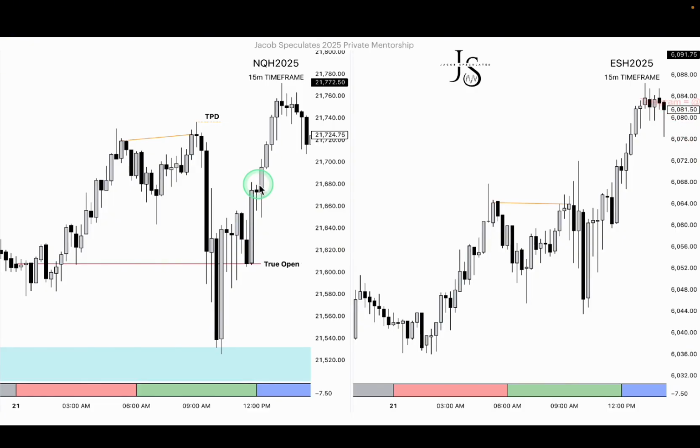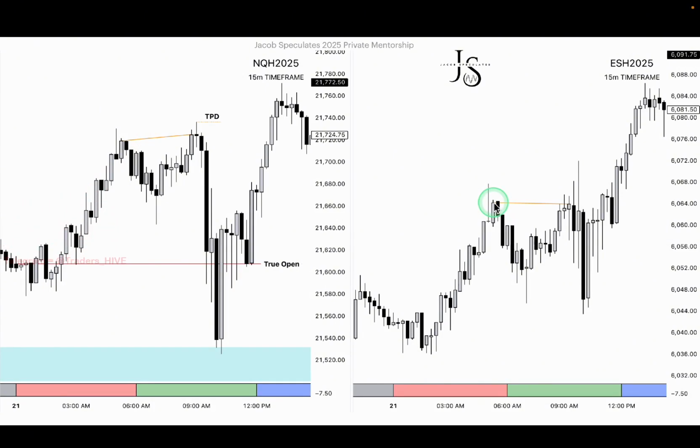So with hidden SMTs, you always want to focus on the closes. You don't just want to focus on the bulkiest candle, if that makes sense. So for example, right here, this would be the highest close of Q2 for the S&P. You would not mark out the high or the opening of this candle right here. This is a bearish candle, so this is the open. Instead, you would look at this candle right here, which is the close.